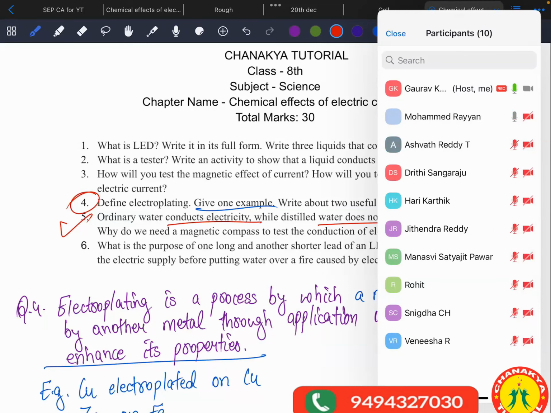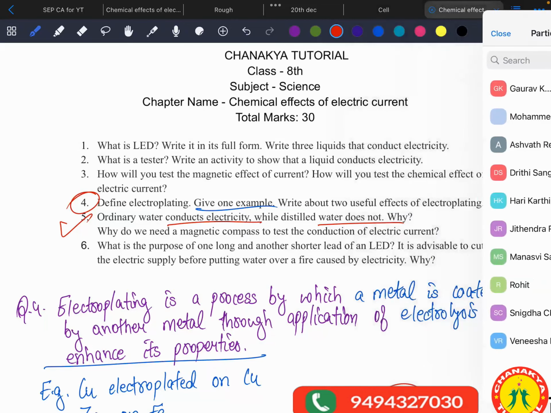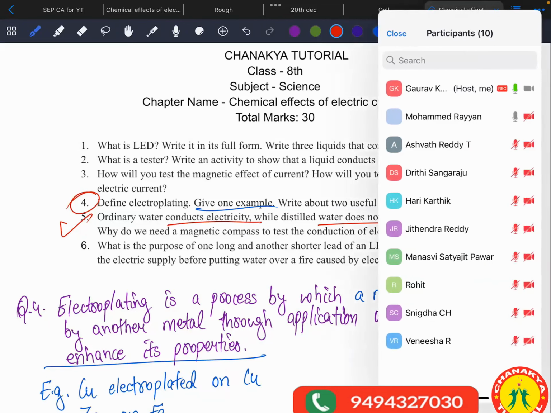Fifth question, ordinary water conducts electricity while distilled water does not. Why? Can you tell about the distilled water, like we have discussed?